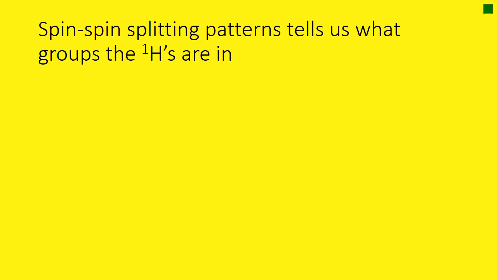So let's use an example. Let's use part of a molecule here that's got a CH2 and a CH3 group adjacent. So we've got a CH2 group, and then we've got a CH3 group on the end. So we're looking at the end of an alkane, maybe. And these hydrogens in the methyl group on the end are going to be in a chemically equivalent group, so they're going to form 1 peak.